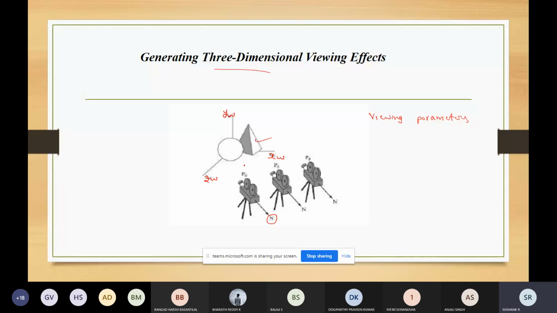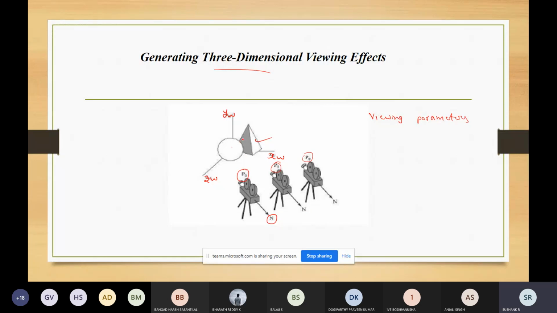For example, from a fixed point position, you can change the direction of n so that you can display the objects at positions around this origin.